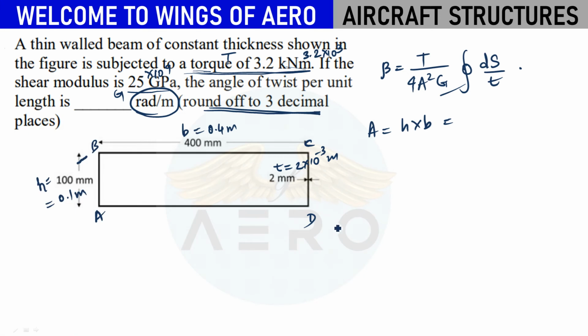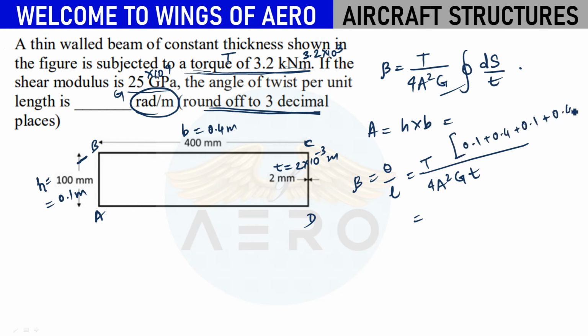So, whatever it comes, you will get something like by L. So, you need to substitute all those things, and after that you will get T by 4a square gt, and here you will get 0.1 plus 0.4 plus 0.1, again 0.4 will be coming over here, and when you solve that, you should get 0.010 radian per meter.